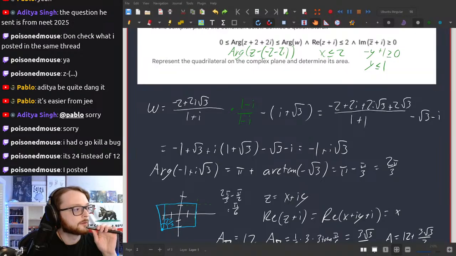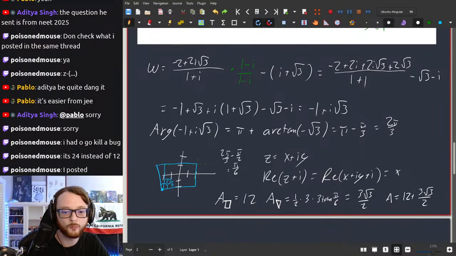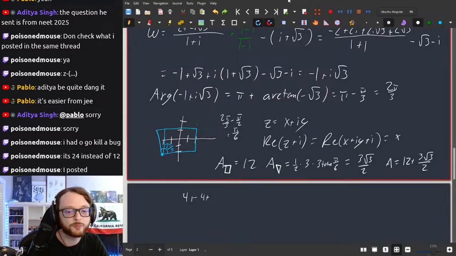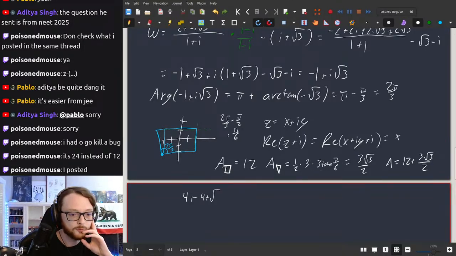Oh, it is like a trapezoid. That is a formula, right? I guess I made an error somewhere in here. If I use the formula for the area of a trapezoid, it's the average of the two parallel sides. 4 plus 4 plus 3 tangent pi over 6, which is just root 3, times the height of 3.